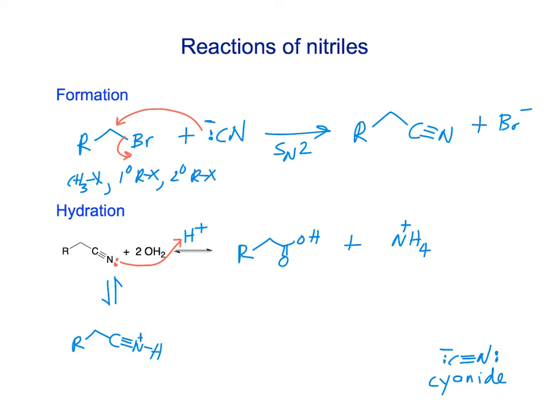So we protonate there. And now we could draw a resonance form that looks like this. We just move one of the pi bonds up onto the nitrogen. So this is increasing the delta plus on that carbon.